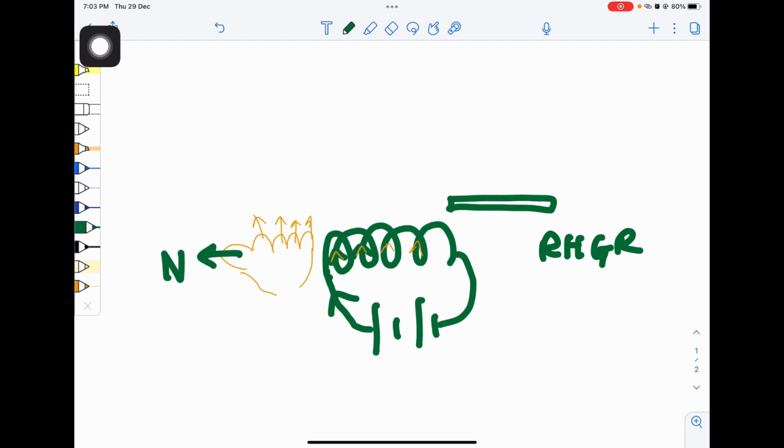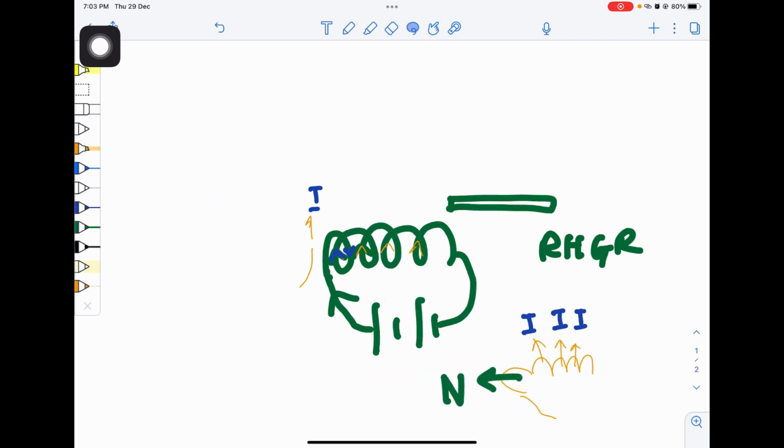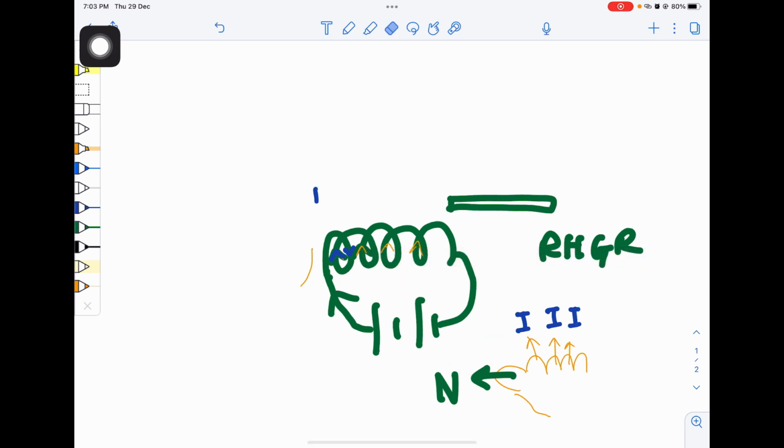Jadi, bila that's north, ini arah current. Ni ke bawah, tu arah current. Okay, north dekat situ. So, remove ni semua. Okay. So, kita tahu kat sini, current this way. North is here. So, bila north dekat sini, what happen? Okay.